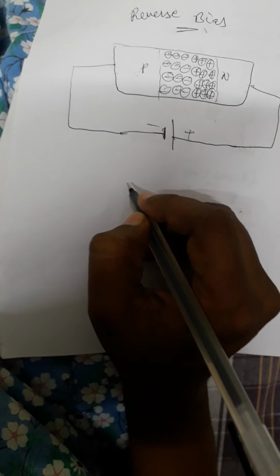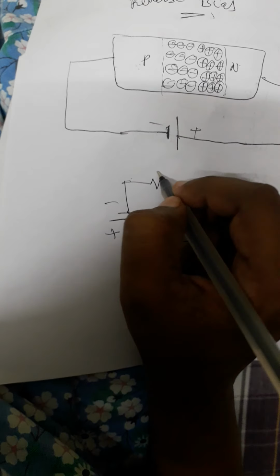Okay, the circuit diagram of the reverse bias condition is like this. Negative, positive.